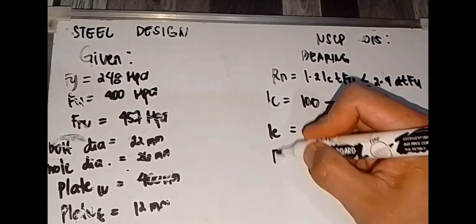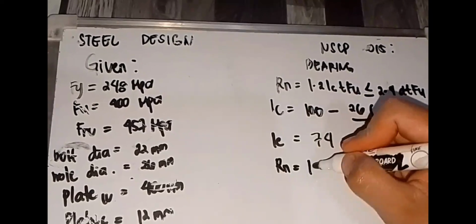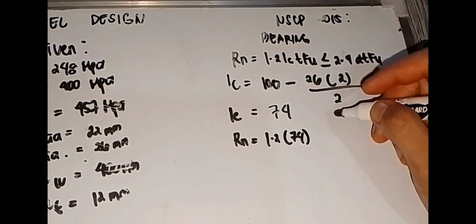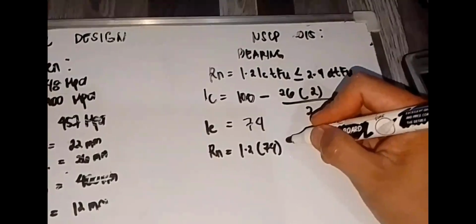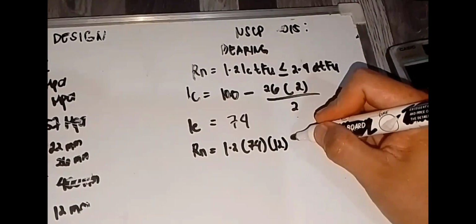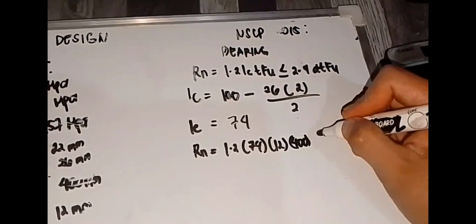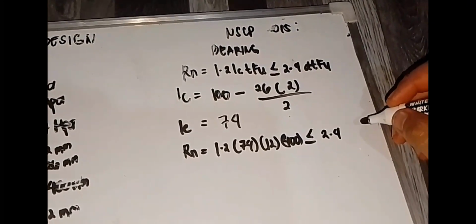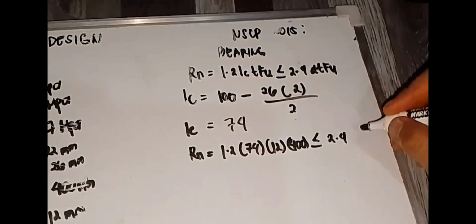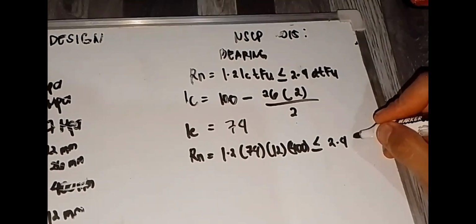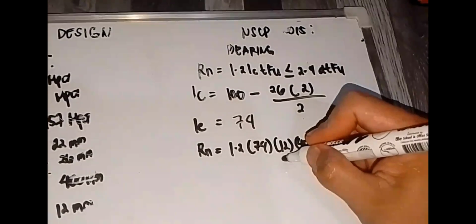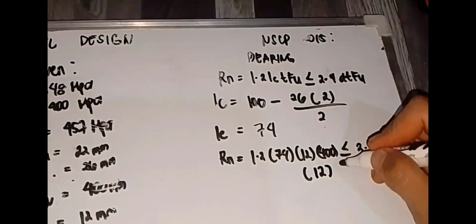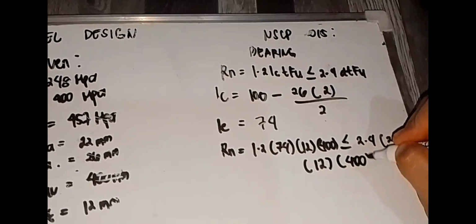So substitute: 1.2 times 74 times the thickness of the plate, which is 12, Fu, which is 400, less than or equal to 2.4 times the diameter of the bolt, which is 22, times the thickness of the plate t, which is 12, times Fu, which is 400.